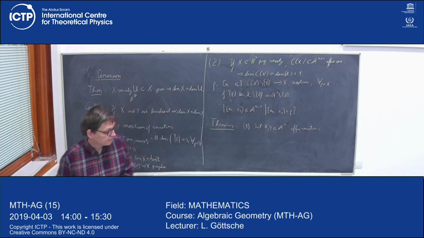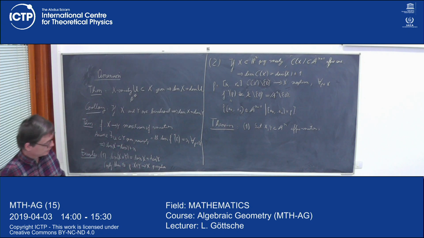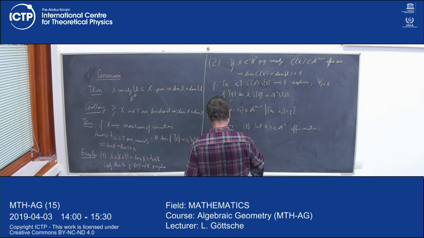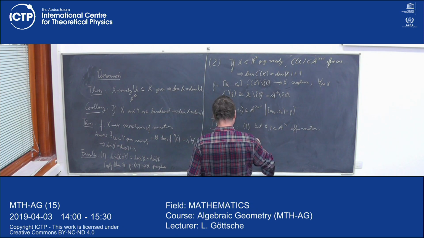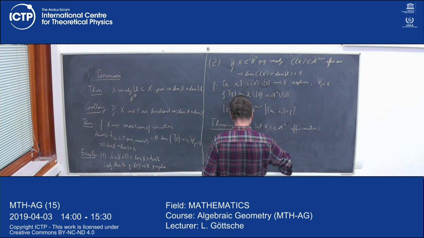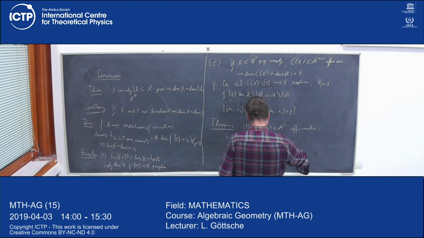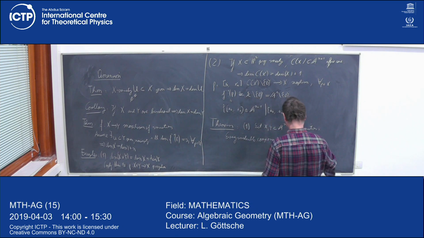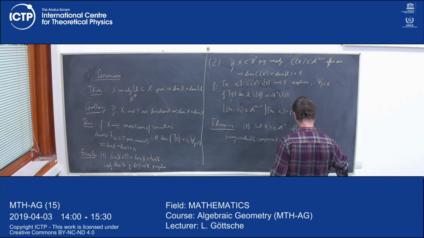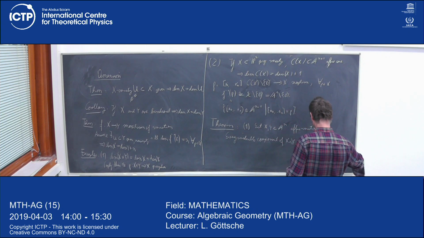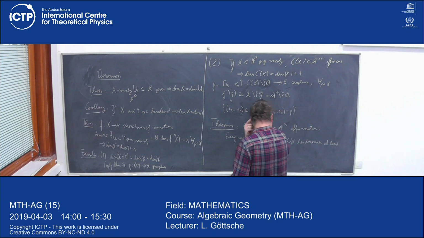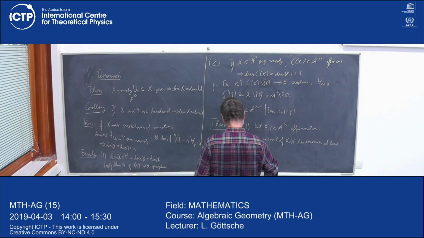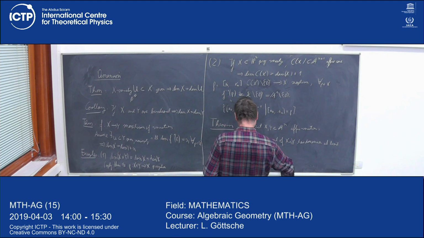We know that the intersection of them does not have to be irreducible, but the statement is that every irreducible component of X intersected Y has dimension at least the dimension of X plus the dimension of Y minus n.